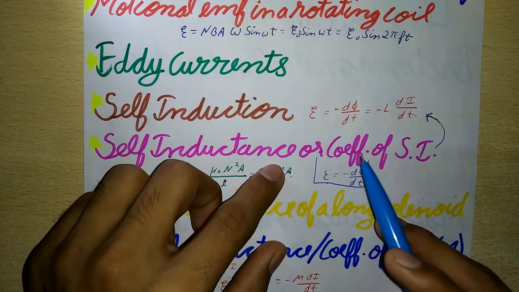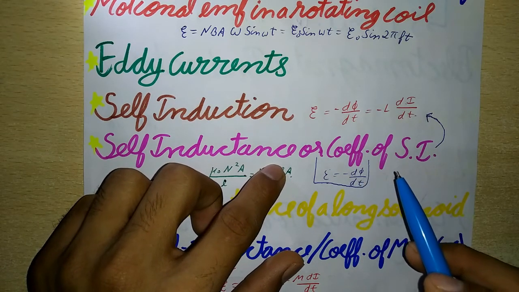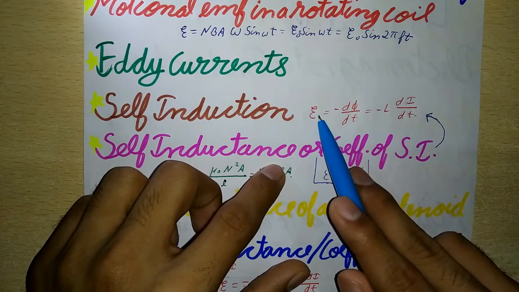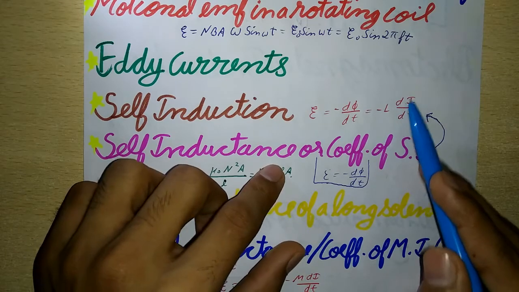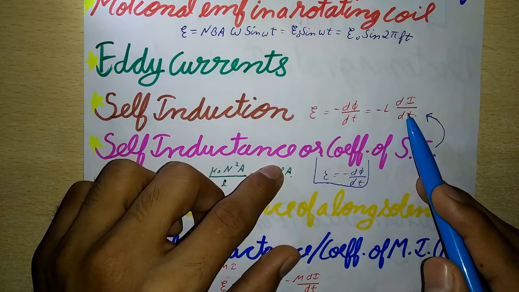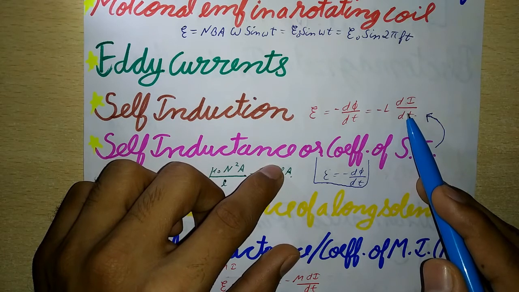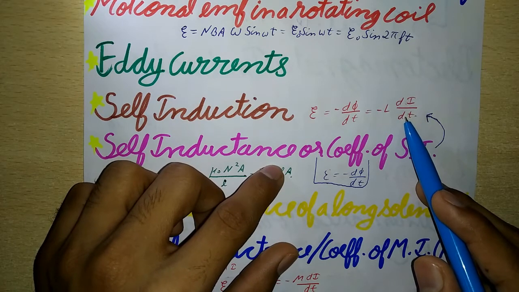When a current I flows through a coil, flux linked with the coil phi = LI, and then induced EMF = -d phi/dt = -L dI/dt. The self-inductance of a coil is the induced EMF set up in it when the current passing through it changes at the unit rate.